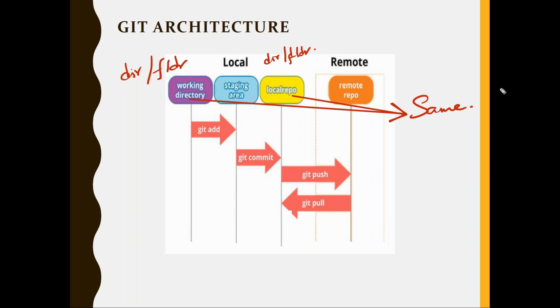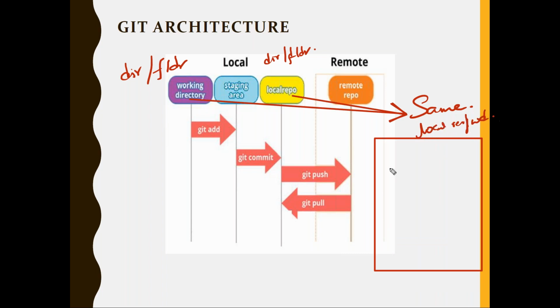Let me tell you. Logically they are different. Let's suppose this is a folder. This is my local repository, or else this is my working directory. Now I have created a file there. If you just created a file there, it is in your working directory.